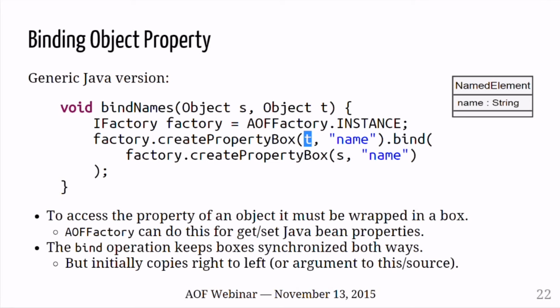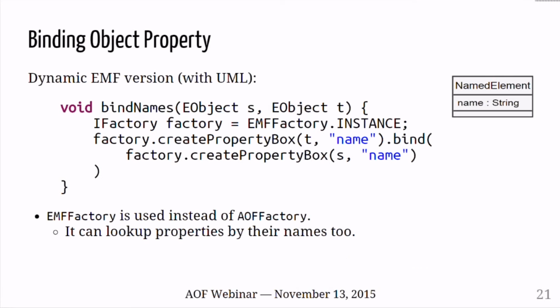What I did not mention in the previous slide is that for plain Java objects, the get/set properties, if you want them to be observable, have to return some kind of box. For EMF, we don't have this requirement, because otherwise it would mean changing EMF to return boxes.